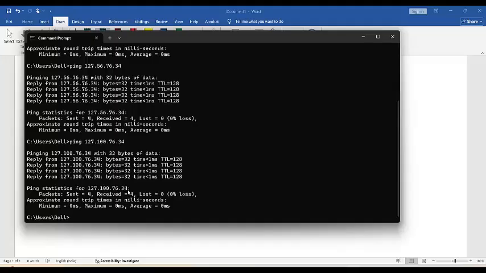See, using this command prompt application, I generate the ICMP traffic by saying ping. What this operating system does is send the packet down to the physical layer.